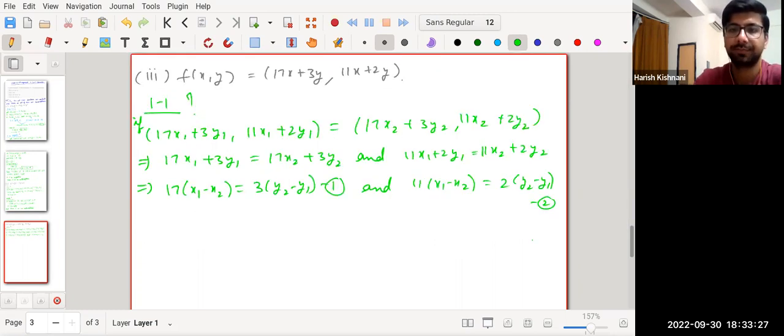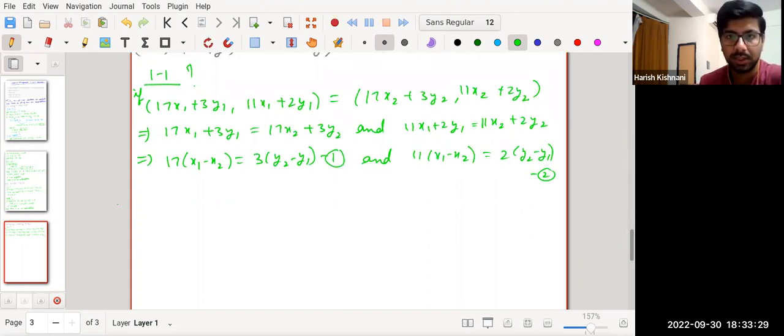Now what you can do, let us write it in Romans to avoid the confusion. So this is equation first, this is equation second. So do 2 times the first minus 3 times the second equation.